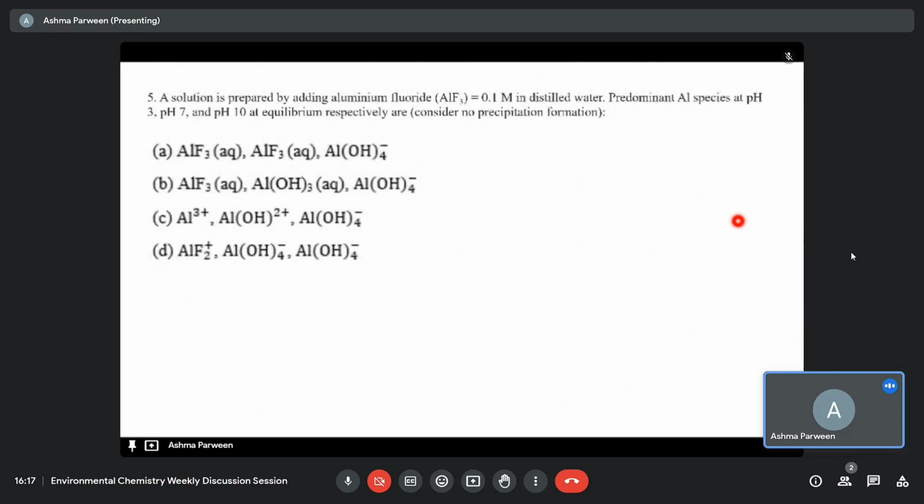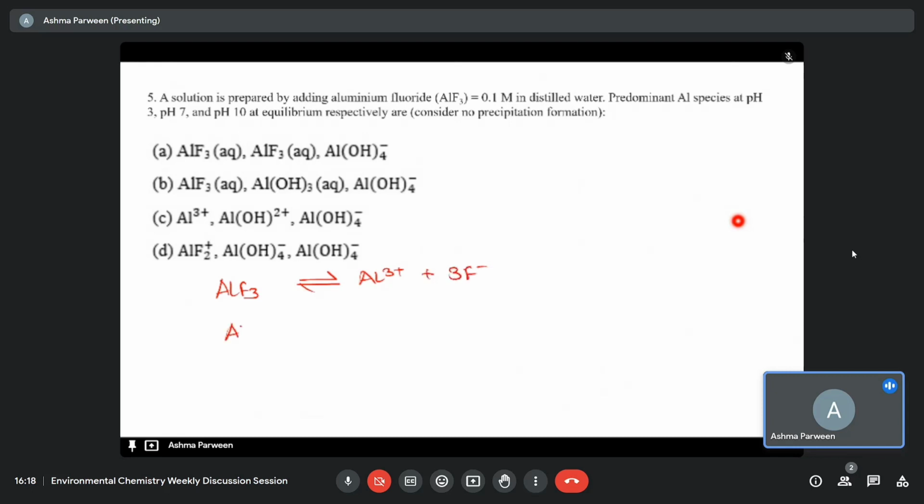So the question is, a solution is prepared by adding aluminium fluoride 0.1 molar in distilled water. Predominant aluminium species at pH 3, 7 and 10 at equilibrium respectively are. Consider no precipitation formation. So we are adding AlF3. So AlF3 will dissociate and it will give Al3 plus and 3 F minus.